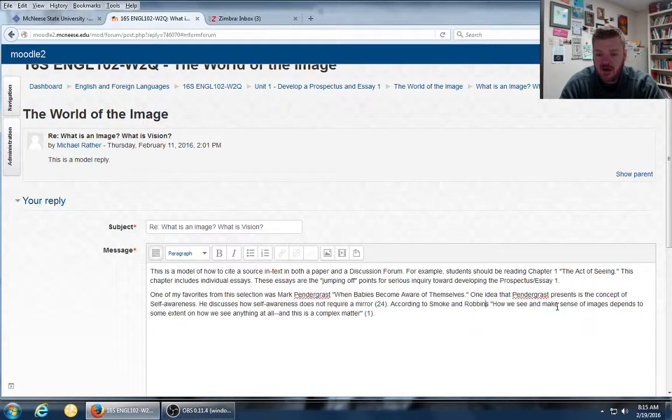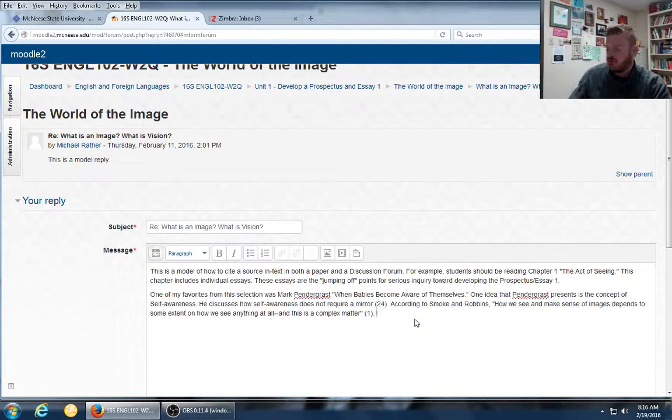So you have the editors here mentioned in the introductory clause, and then we have our signal phrase, and then we have the punctuation that shows us this is a quote, and then we have the parenthetical, and notice the period comes after the closed parentheses, not before. Not before.